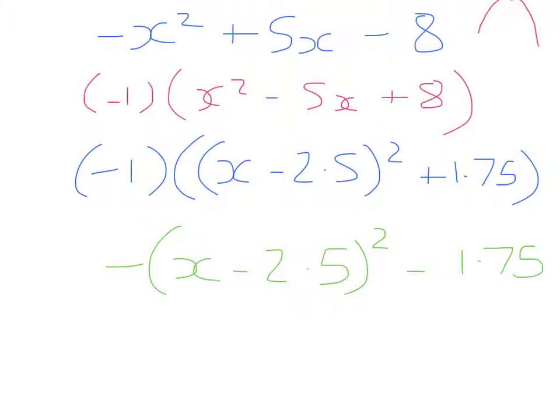My greatest point is when this bracket is 0 for the x value, so x is equal to 2.5, and y is equal to whatever is left. So y equals minus 1.75. It's absolutely fine to leave your answers as fractions here. A couple of you also did that.